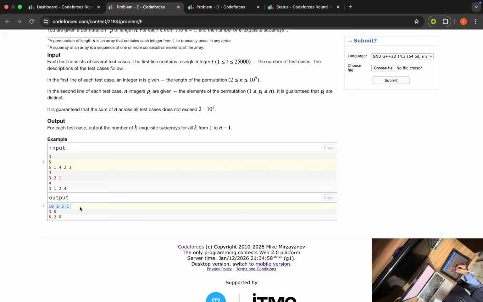From 1, 2, 3, 4: 4 3 2 1 0. So 3, 6, yeah, 10 makes sense. For this value 6. Okay, the question is difference 2, difference 2, difference 2, yeah, 2, difference 1, so it's removed. Okay, I got it.